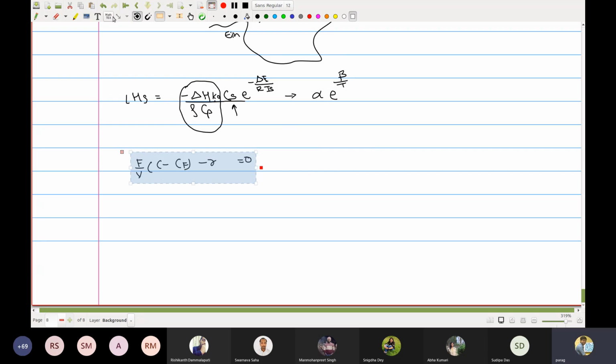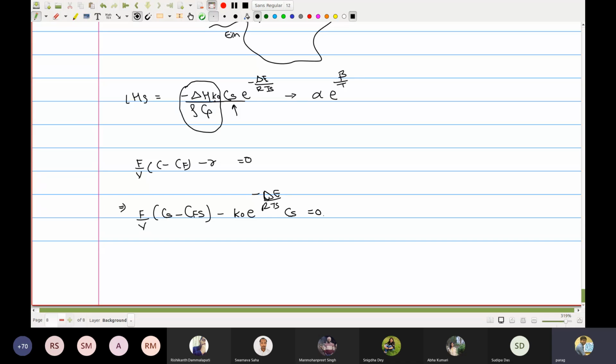Right. So I can write this as nothing but F by V C steady state minus C input steady state minus R, which can be written as K0 e to the power minus delta E upon R T steady state, C steady state, right?